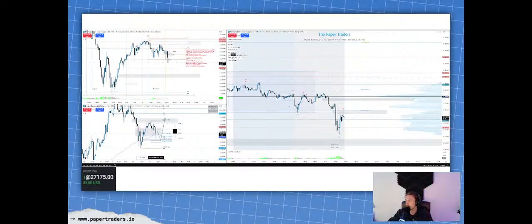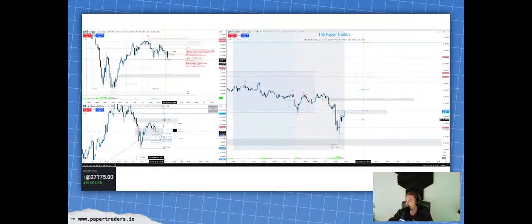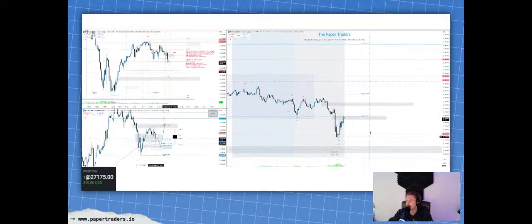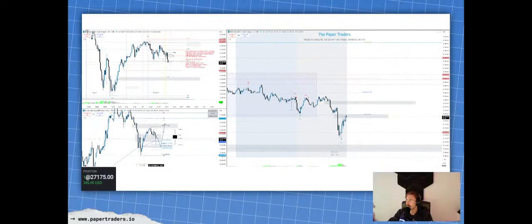So broke below this value area low, got back above it. Now there's potential to go back into value area high, right? So we have to break this. This is just for funsies.